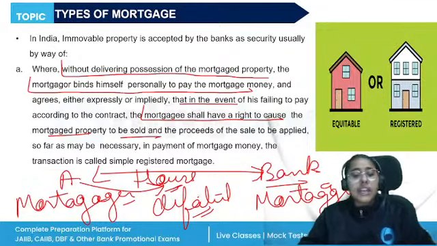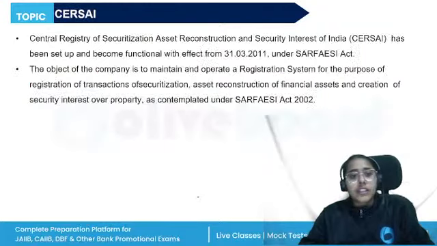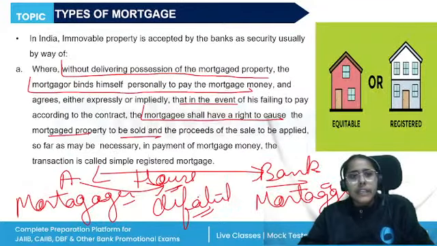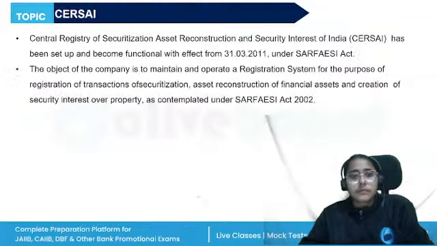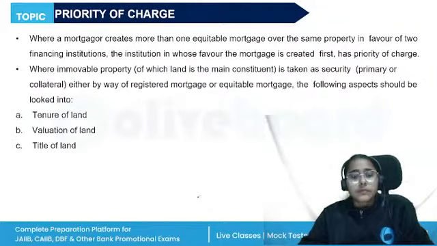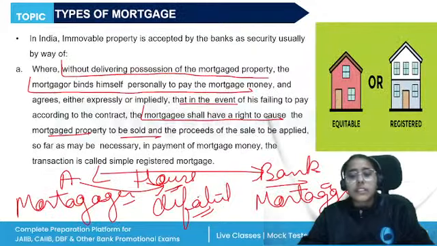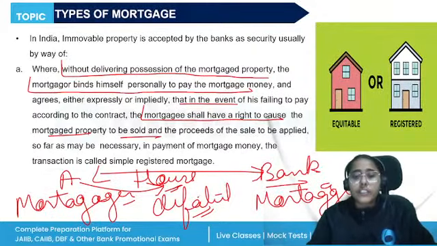The second type of mortgage is the mortgage by the transfer or deposit of title deeds, or equitable mortgage.